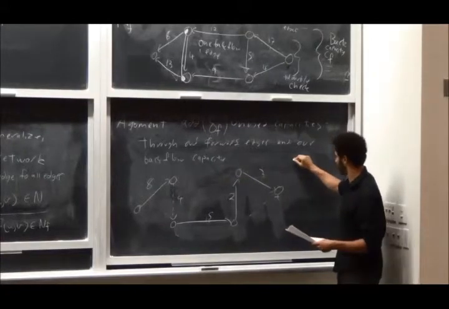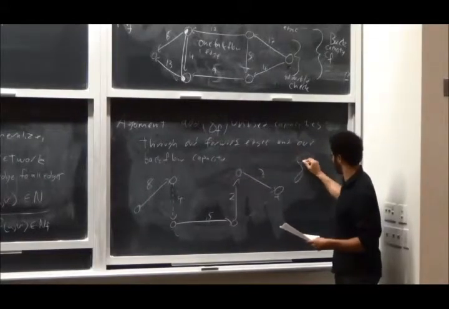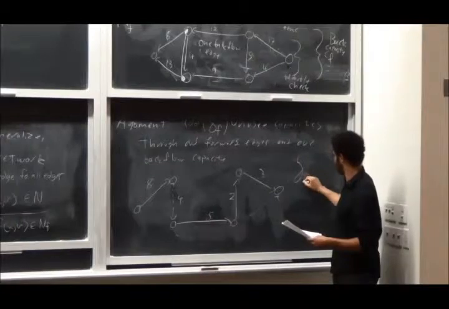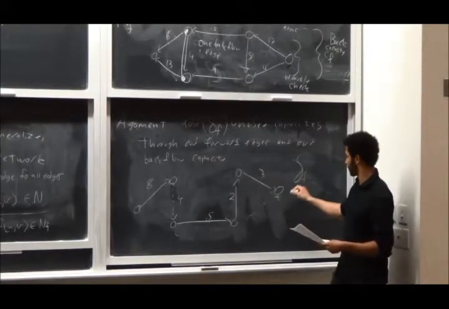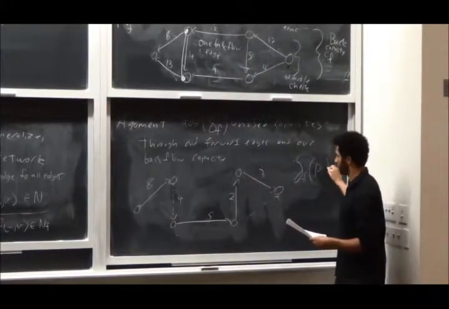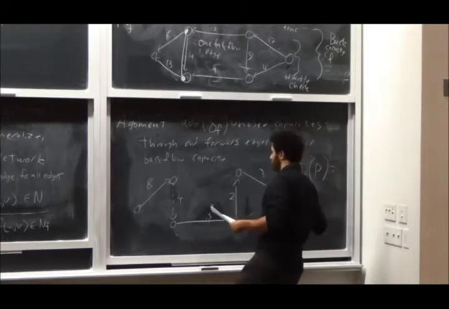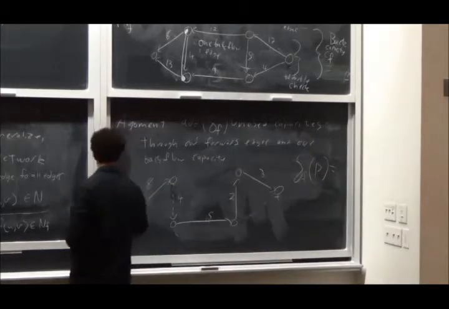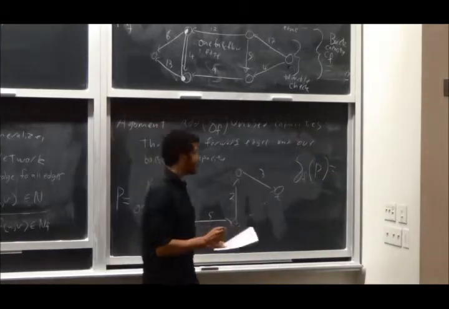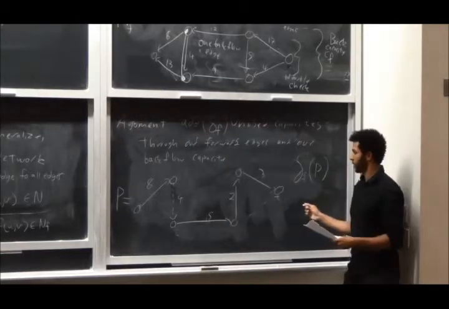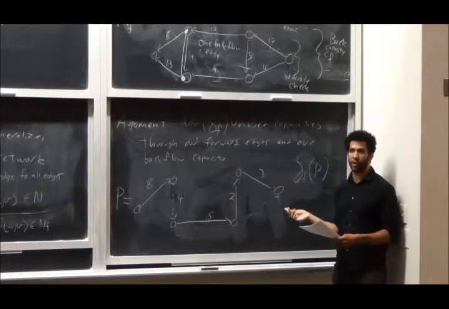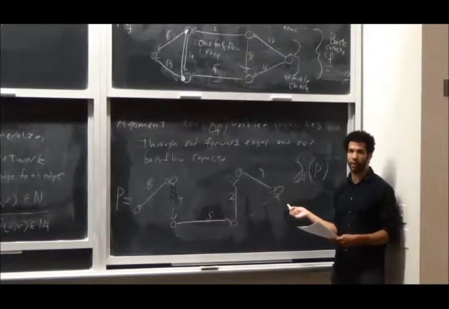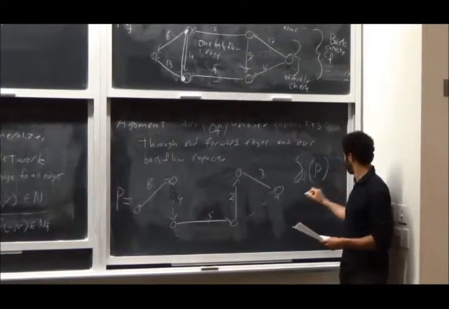Does anybody want to tell me what the delta of this path would be? Like if this is P? It's nothing crazy. It's just like every other path we've looked at. But how much can we improve the graph given this path? 2, yeah.